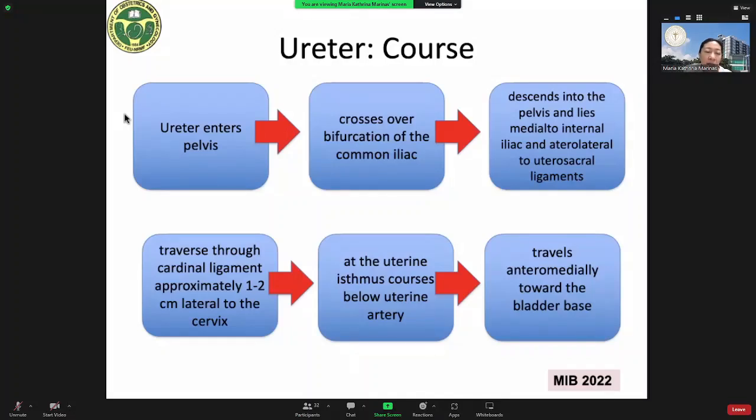So that area is very significant, since the ureter is very close to the uterine artery. At the uterine isthmus, it courses below the uterine artery, and then it traverses anteromedially towards the bladder base. So that's very important, the course of the ureter.